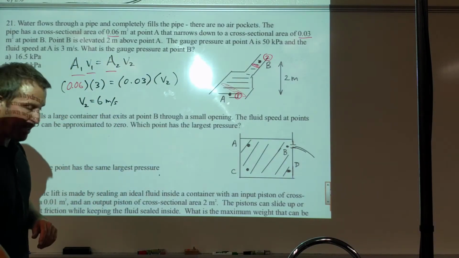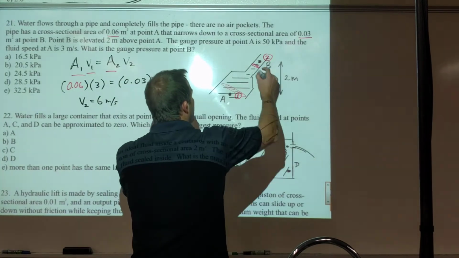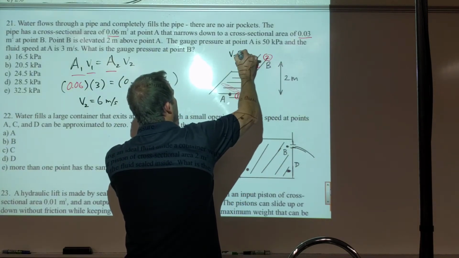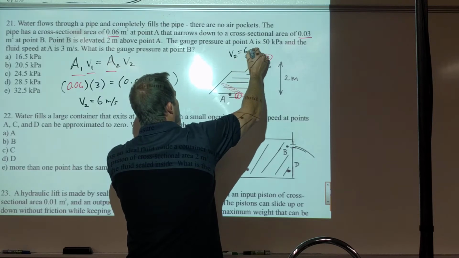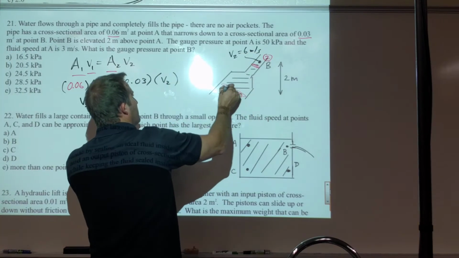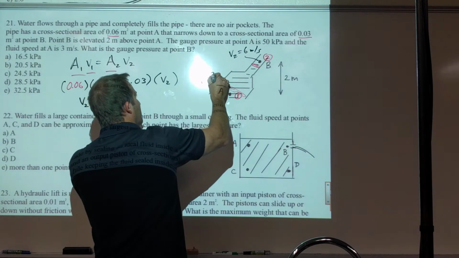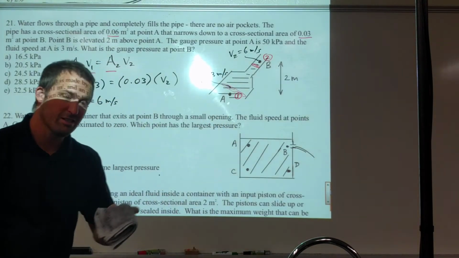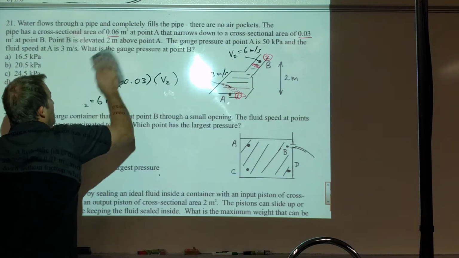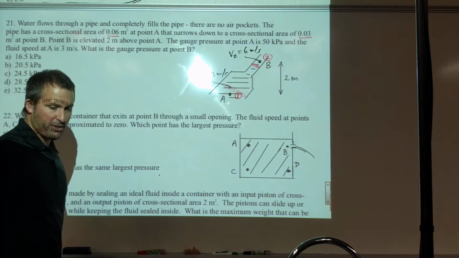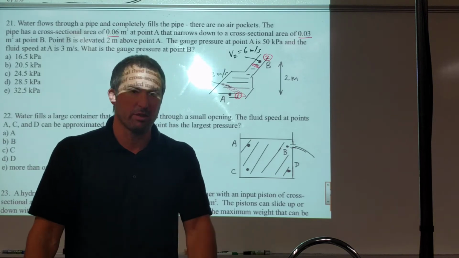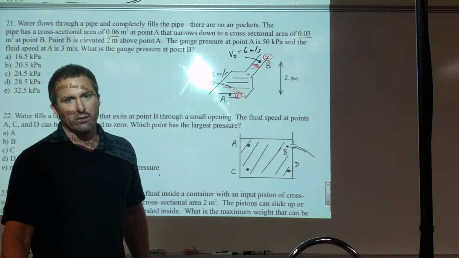I'm going to need some space, so let me just redraw that here, including the 6 meters per second and the speed here in our picture. I'm going to clear myself some room here, because the next concept that we're going to use is Bernoulli's equation.